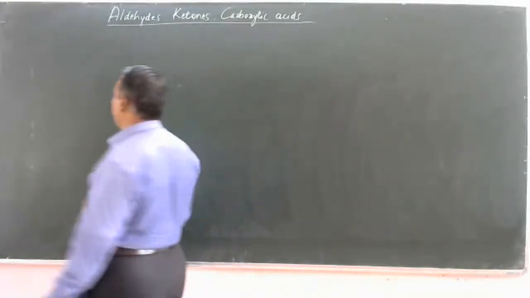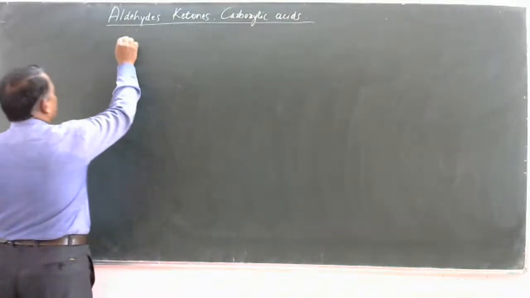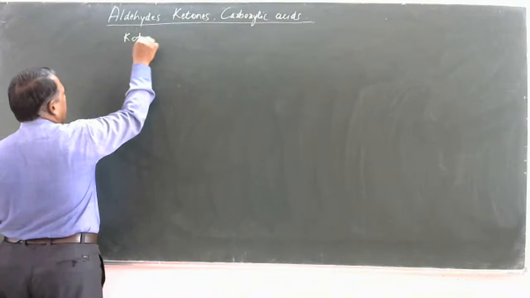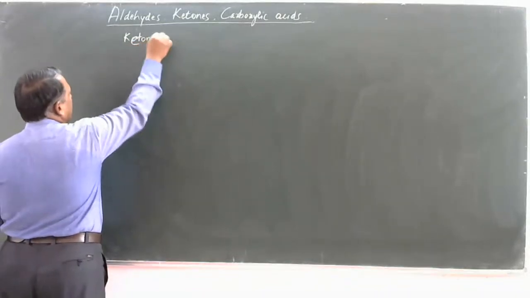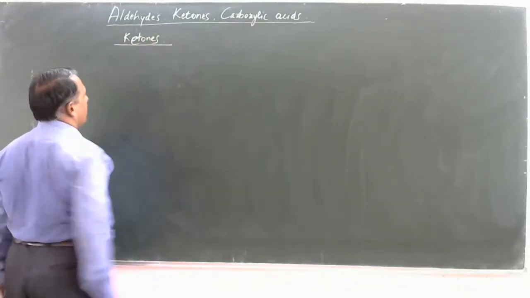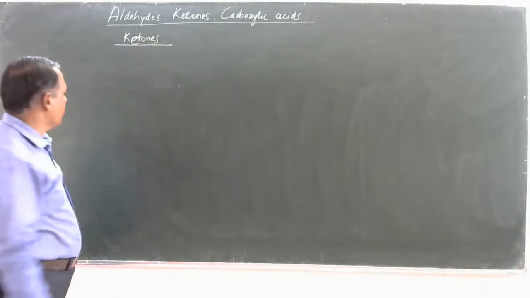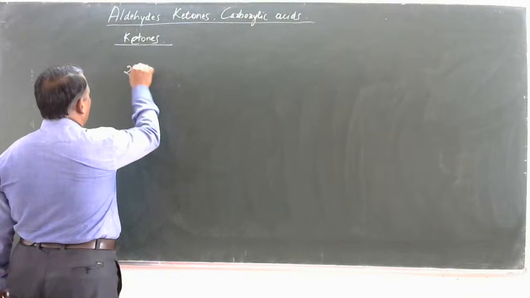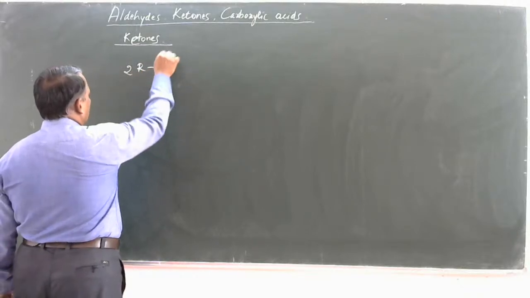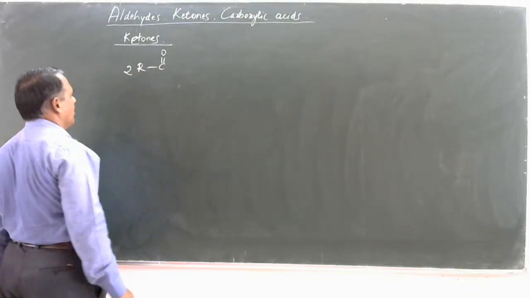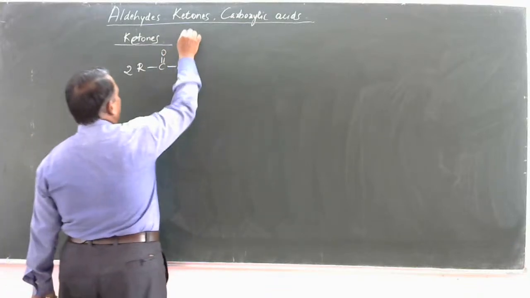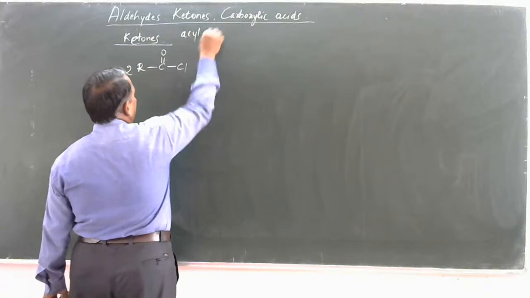So in preparation of ketones, we take an acyl chloride, RCOCl.